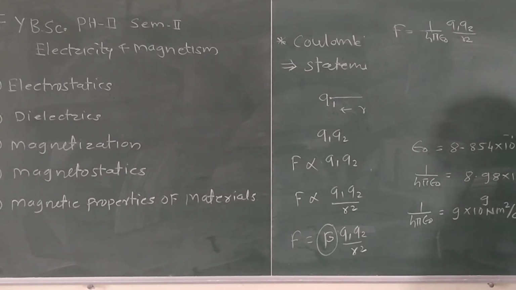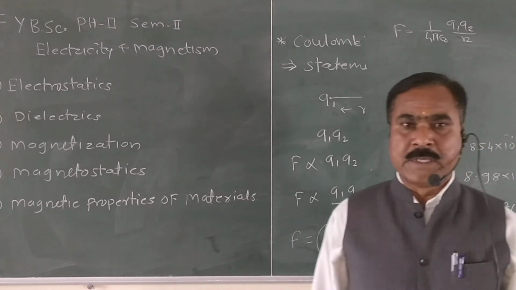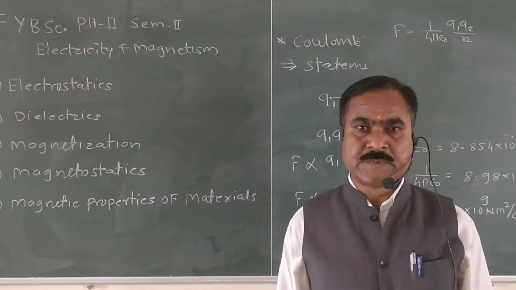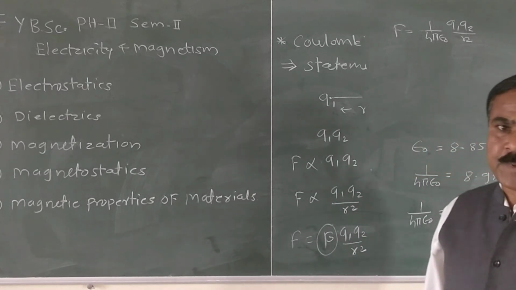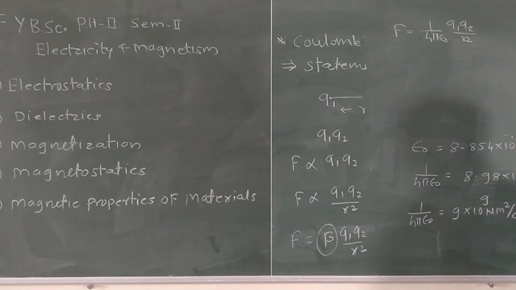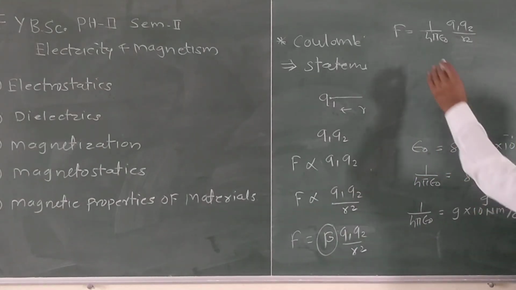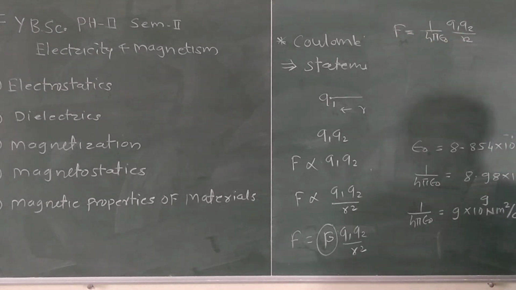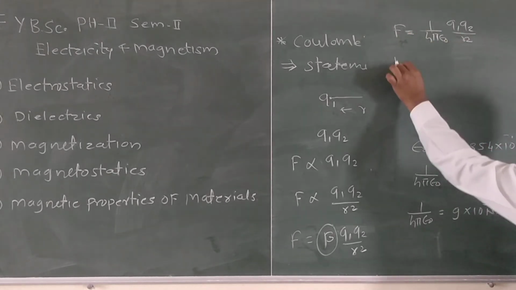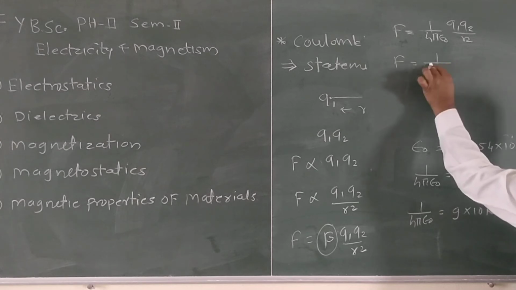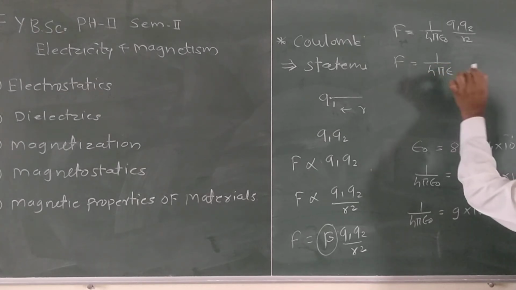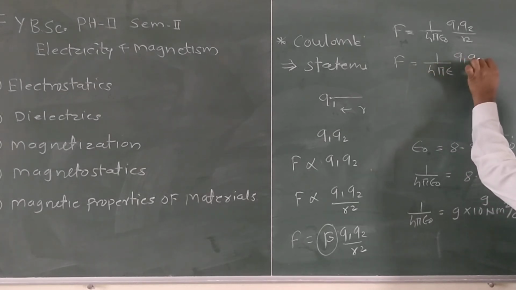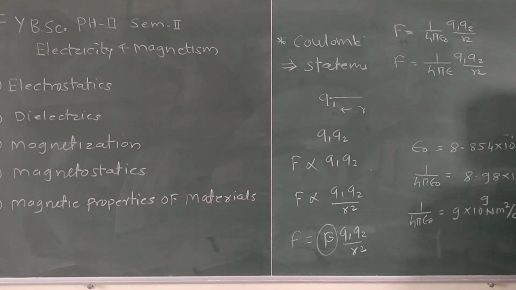Now suppose these two charges are placed in a medium. We can take any medium, and when we place these two charges in a medium, then the force between these two charges can be written as F equal to 1 upon 4 pi epsilon Q1 Q2 upon R square.